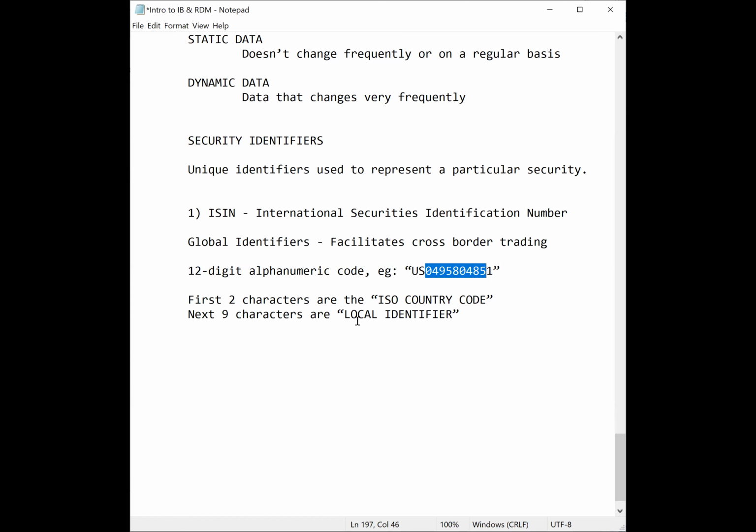Is it clear, guys? Yes or no? Yes. So, which is the National Numbering Agency in India, do you know?